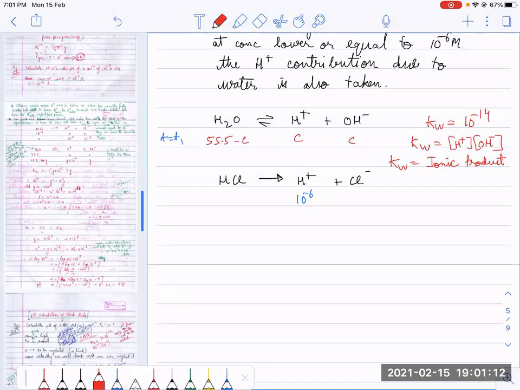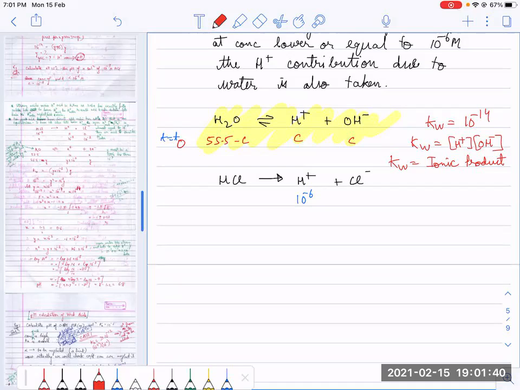Please focus on this equation, the water equation: dissociation of water into H plus and OH minus. At T is equal to T0, the concentration of water is always 55.5, it is always a standard thing, of pure water.